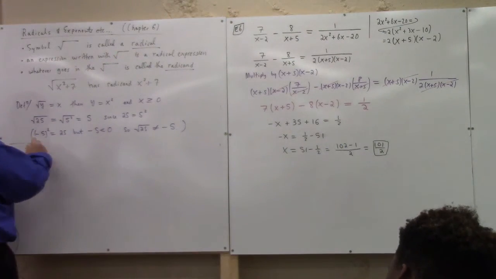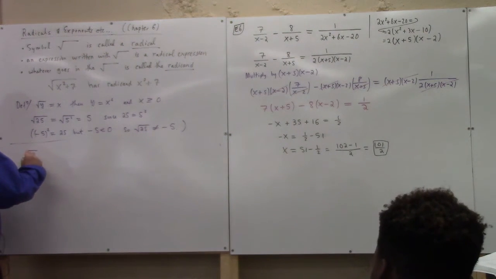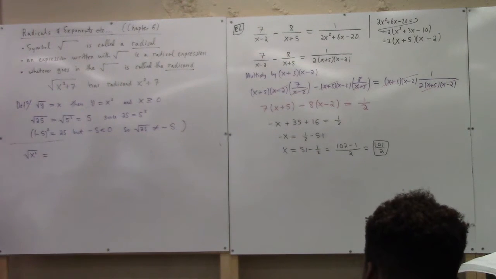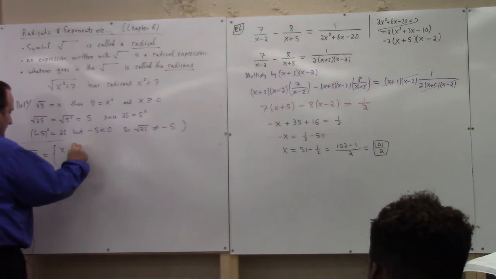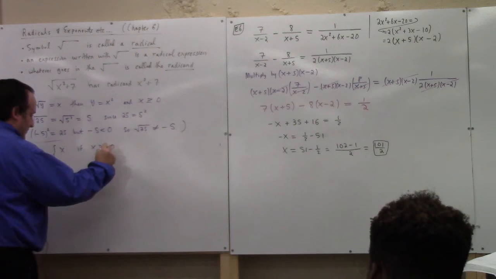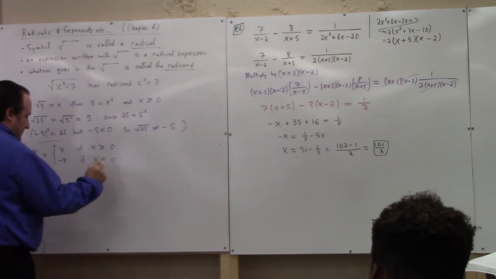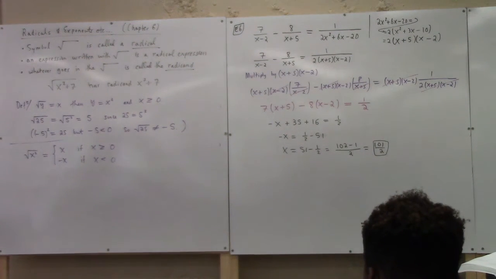So just an algebra fact. If we take the square root of x squared, what happens? We get x, well, sometimes. We get x if x is greater than or equal to 0, but we get minus x if x is less than 0. It depends, since x is a variable.